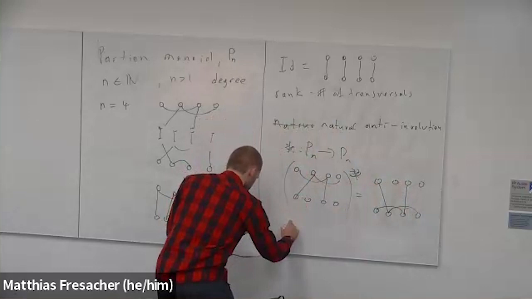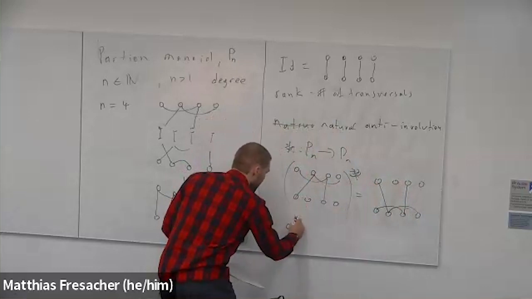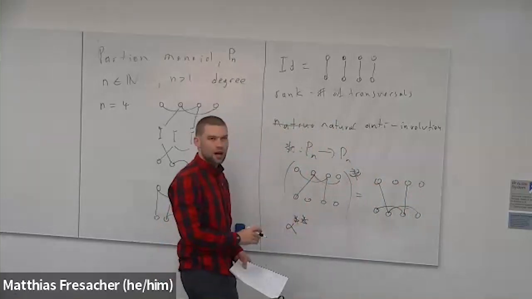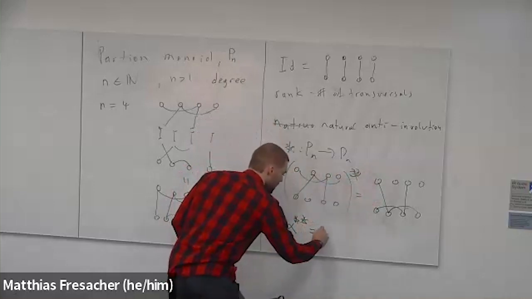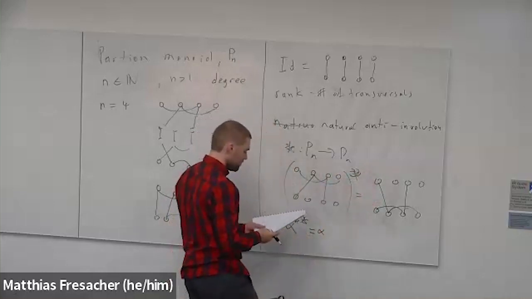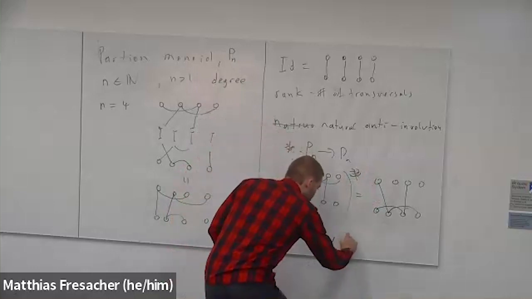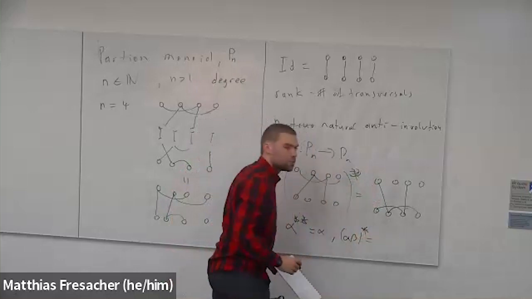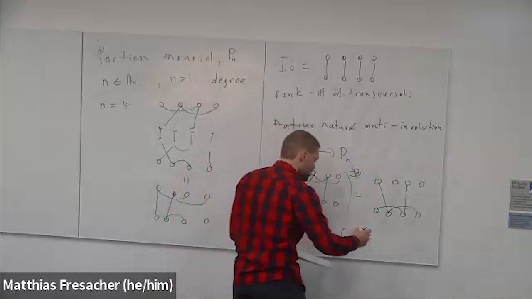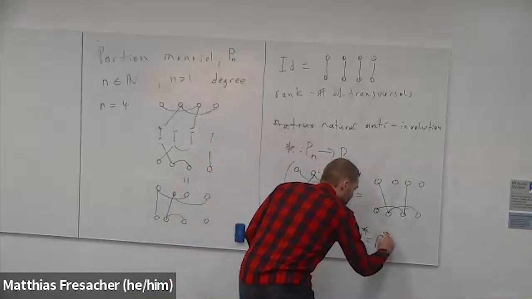And from that, we can see fairly easily that if I take the double star, or if I were to flip this again, I'm just going to be back to where I started. Very much like if you were dealing with matrices and you do the transpose, you change the order.